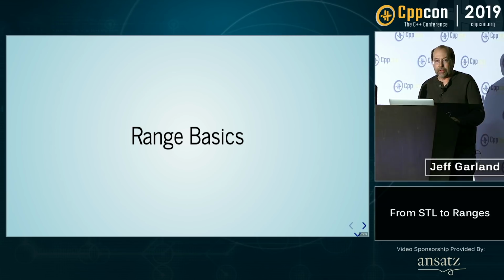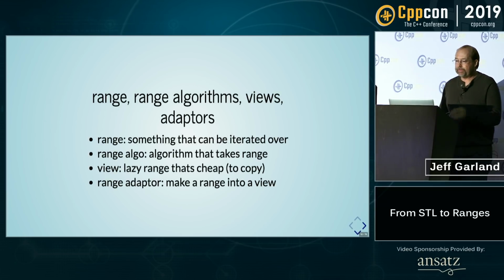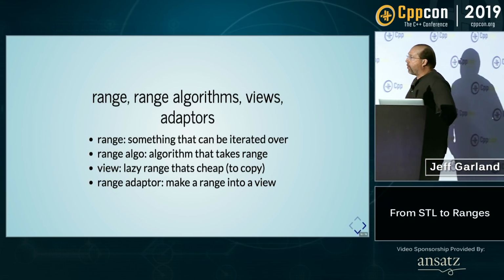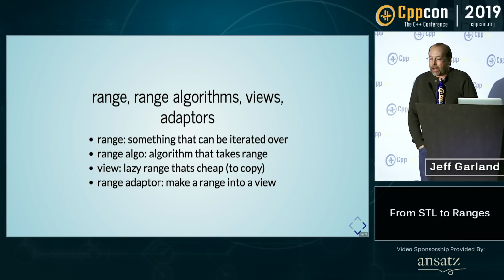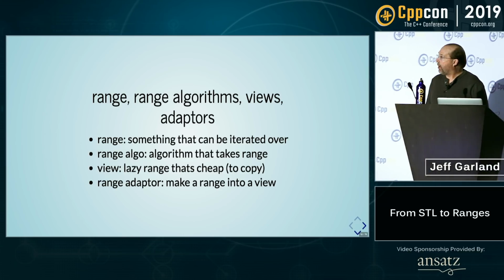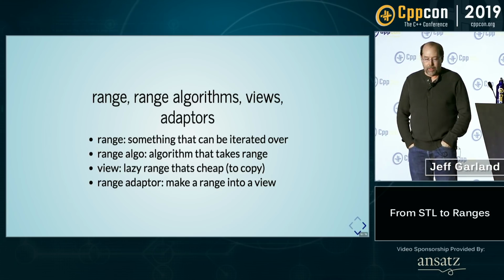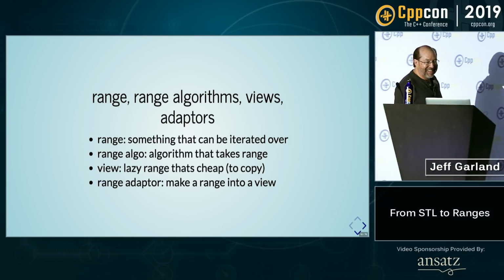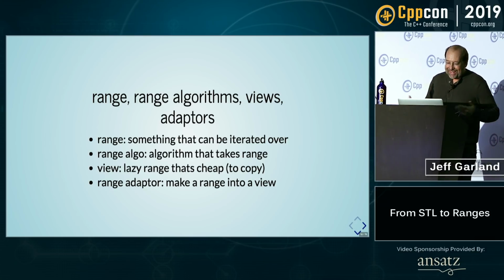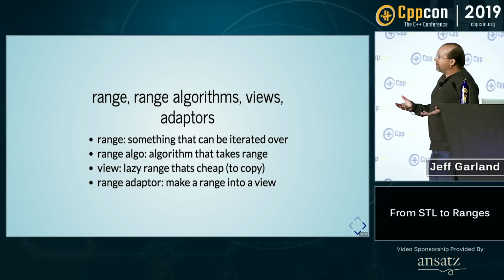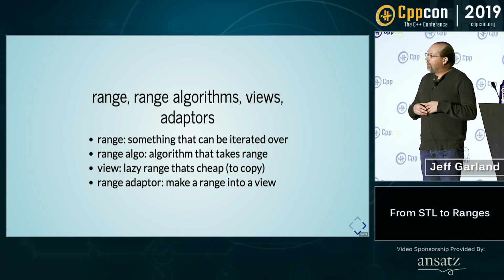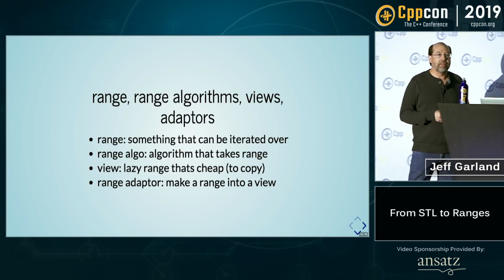All right, so let's step back and talk about the basics. There's really 4 important things. And one of the things that's gotten really hard about giving a talk about something is you can't use the word concept anymore. Well, so there are ranges, and ranges are something that can be iterated over, but there's a multitude of different range concepts.